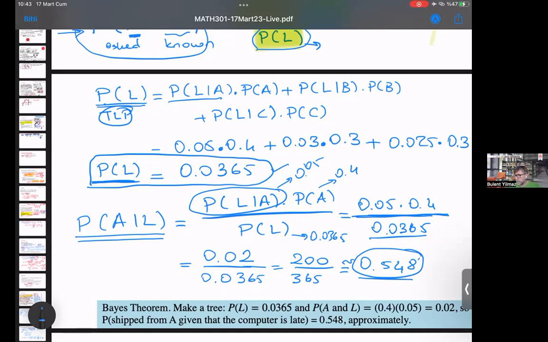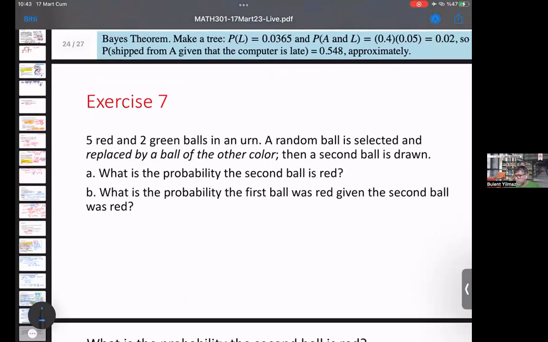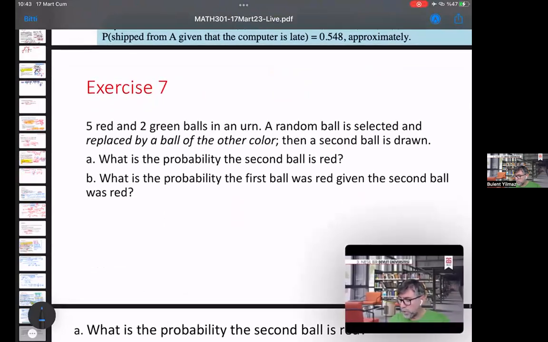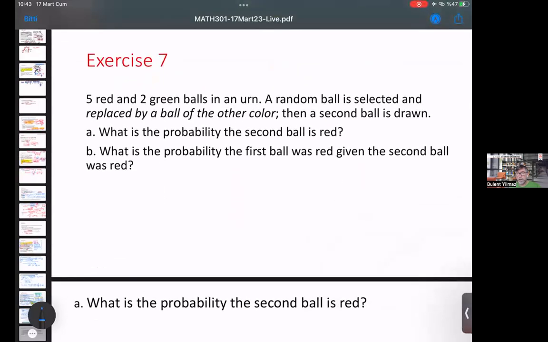Okay, so let's get ready for this quiz right now. I want you to type in your solutions to chat, and the chat will be my grading point here. So you're going to write on chat what the result will be.